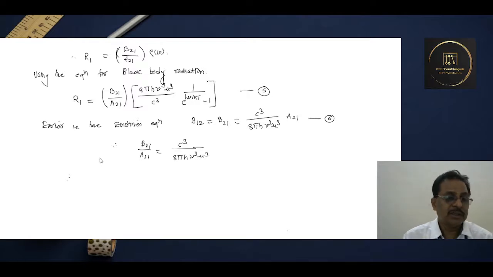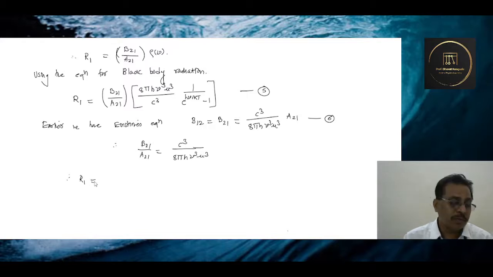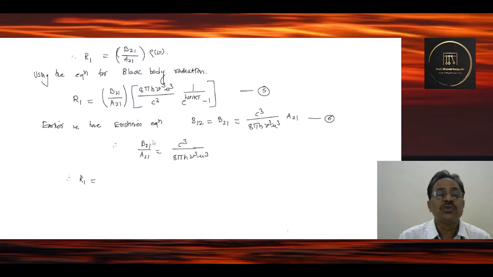Therefore, you will get this R1 is equal to, now this R1 is the rate of the stimulated transitions divided by the spontaneous transition. We are getting this ratio, and when we substitute this B21 upon A21 is equal to c cube upon 8 pi h nu cube into mu cube, you find that the c cube is in the denominator, 8 pi h into mu cube is in the numerator, and this ratio gives you c cube in the numerator as well as 8 pi h mu cube in the denominator.